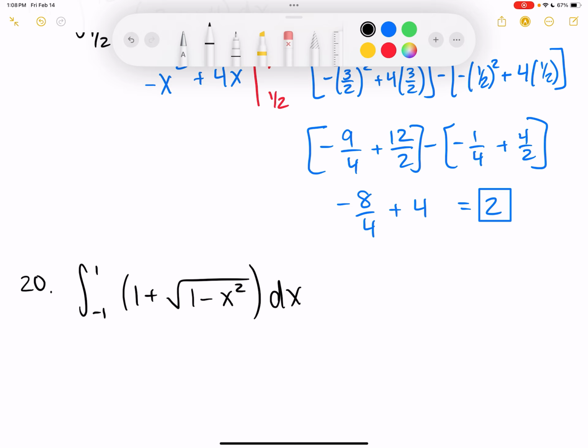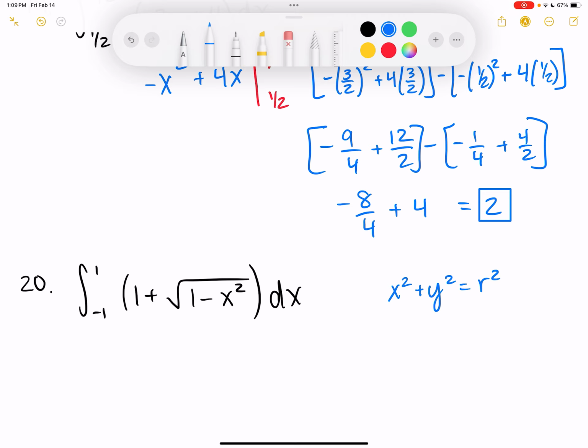All right, so what's the equation of a circle? Not that form. The generic form of a circle: x squared plus y squared equals r squared. Yes.